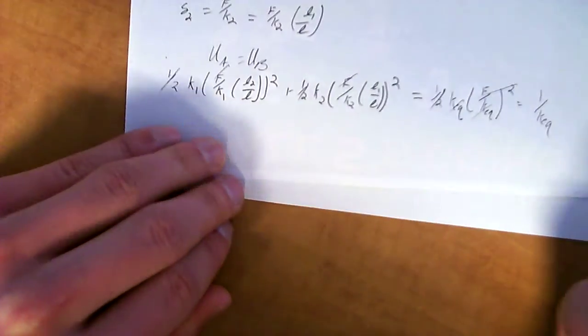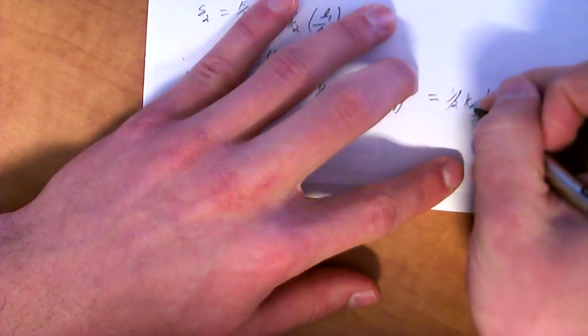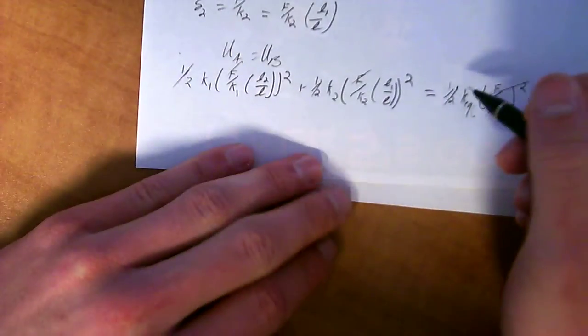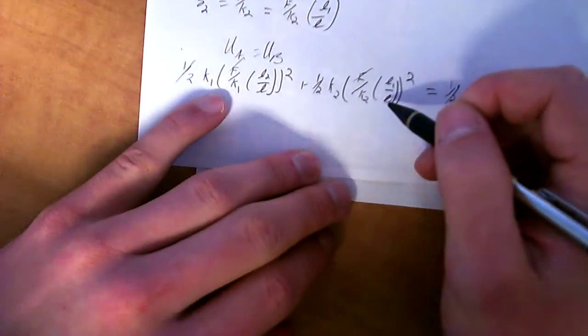Alrighty, and all the 1/2s cancel. Oh wait, KEQ doesn't cancel, I'm sorry. Alrighty, so on and so forth. What else can you cancel? Anything else you can cancel here?